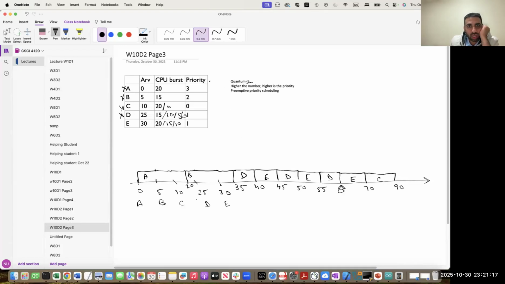So the finish time of A is 20. B finished at 35. C, 90.